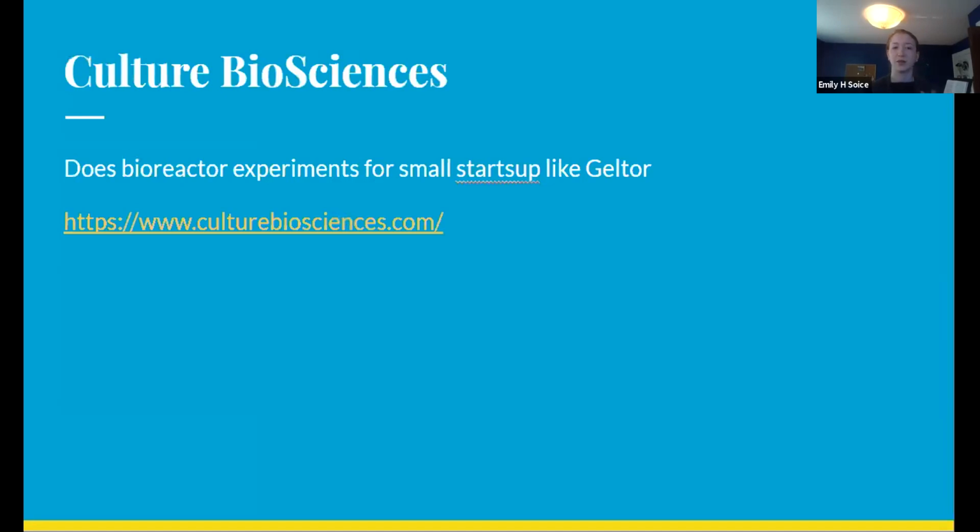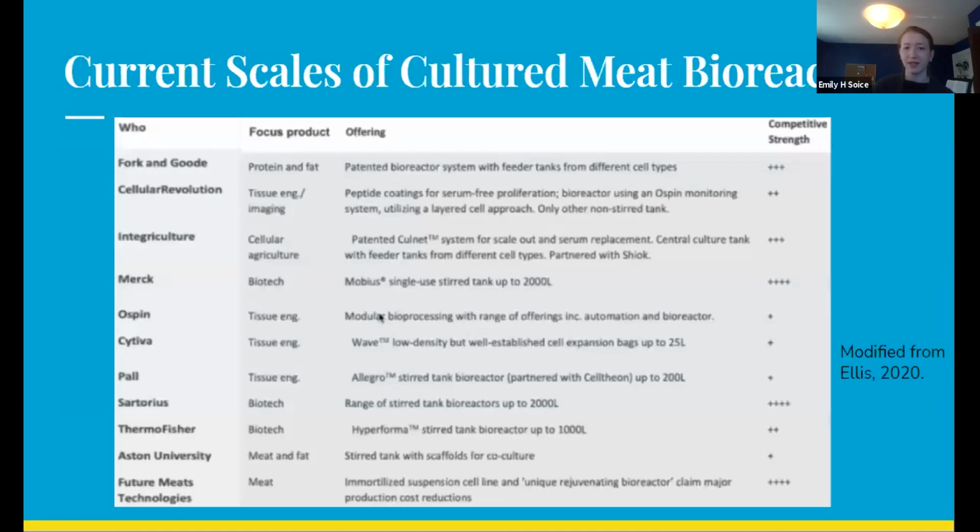There are also companies like Culture Biosciences that can rent out their ability to run a bioreactor system for smaller startups, so that those startups can check that their system works not just at a lab scale, but also at these larger scales. So these are the current players in bioreactors.